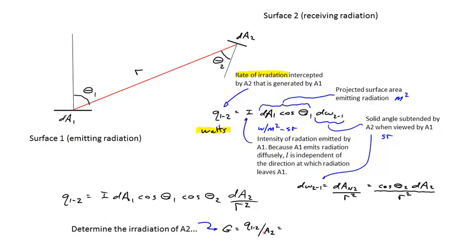So Q12 divided by A2. You'd simply divide both sides by dA2, and we come up with this expression, where the irradiation of A2 is proportional to the intensity, proportional to the area of dA1, relates theta 1 and theta 2, the cosine of these two angles, and is inversely proportional to r squared.